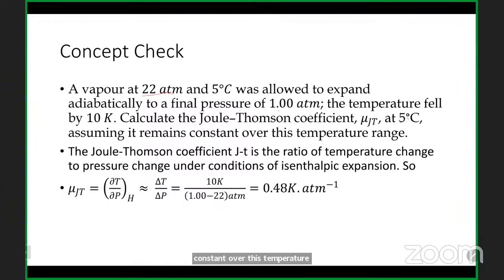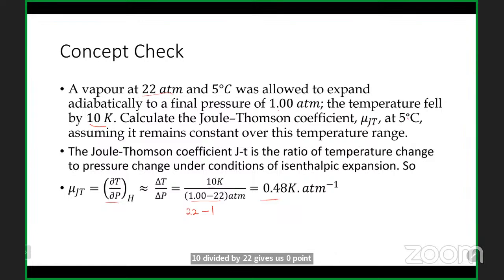The Joule-Thomson coefficient is dT/dP, which is approximately the change in temperature, that's 10 Kelvin, over the change in pressure, that's 22 minus 1. So 10 divided by 22 gives us 0.4.